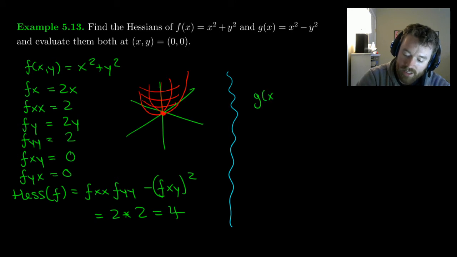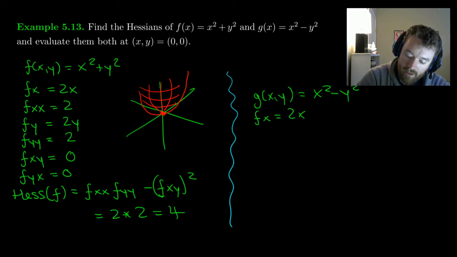What about g of xy equals x squared minus y squared? So here gx is going to be 2x again, but gy is equal to negative 2y. Gxx is going to be 2. Gyy in this case is negative 2.